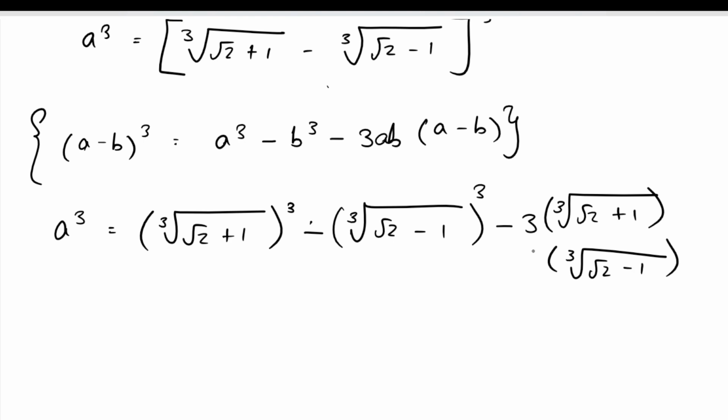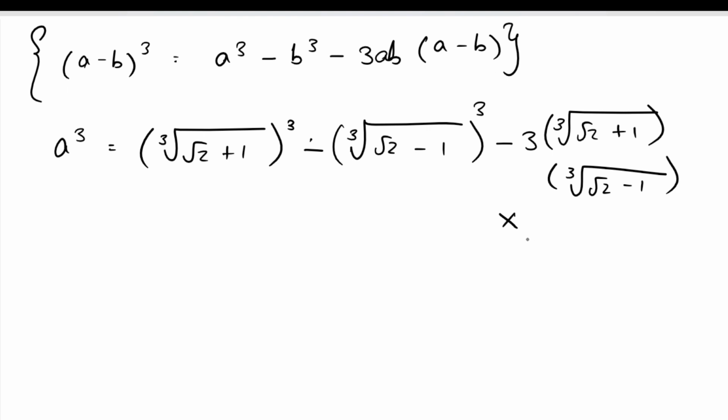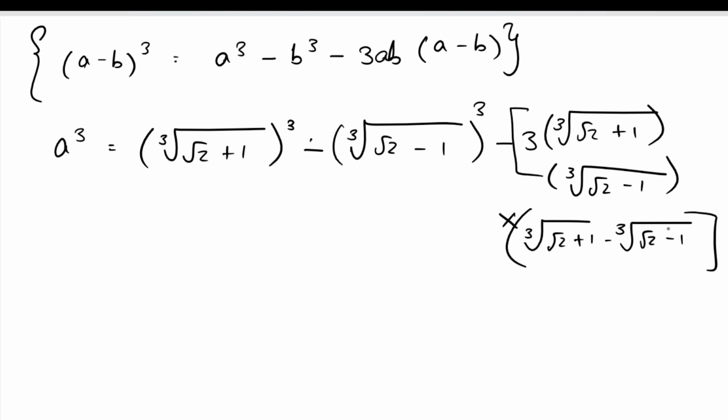So this is 3ab into here a minus b. So a minus b is cube root of root 2 plus 1 minus cube root of root 2 minus 1. So applying the formula, we get this.